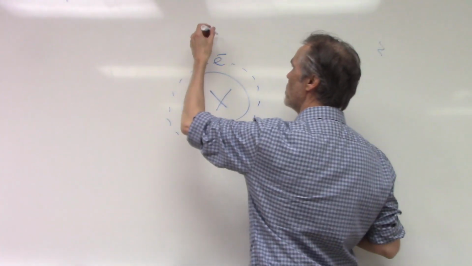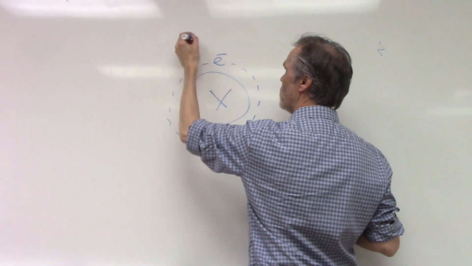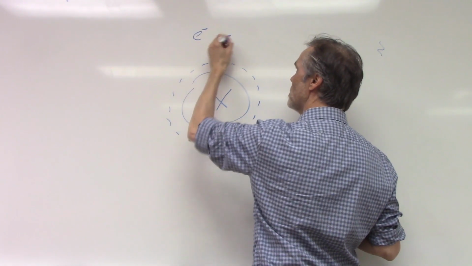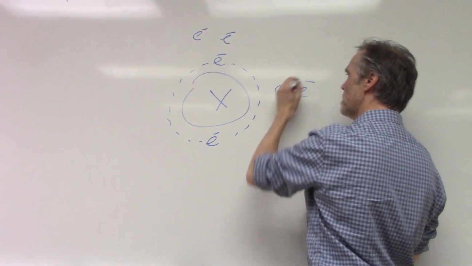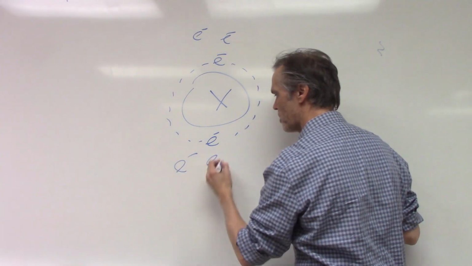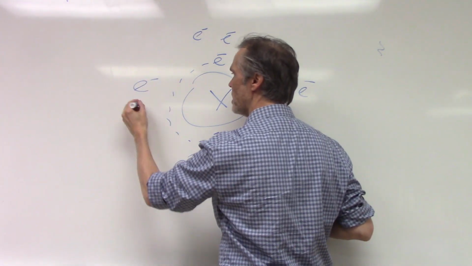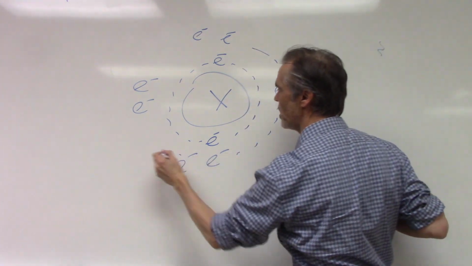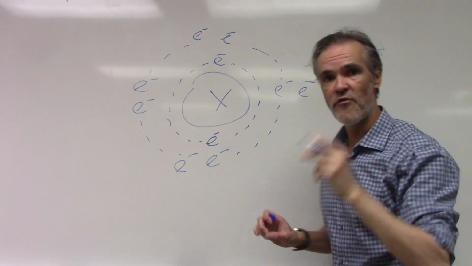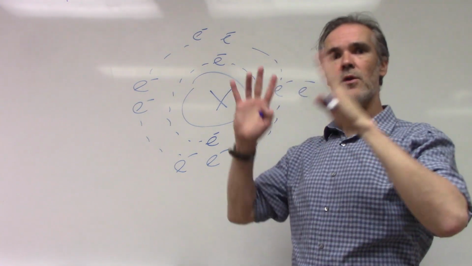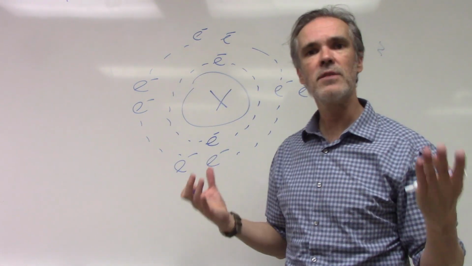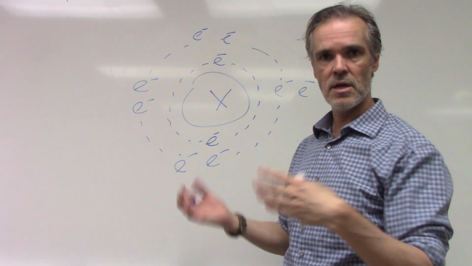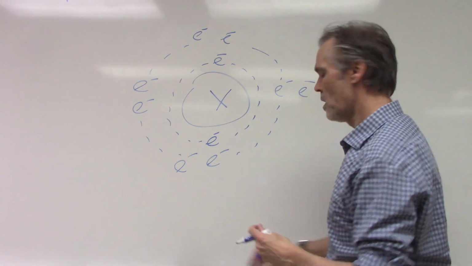We could have one here, two more, and then those here. This second shell would be full when there are 8 electrons. Now, is it always full? Of course it's not. Sometimes it's missing a few electrons.